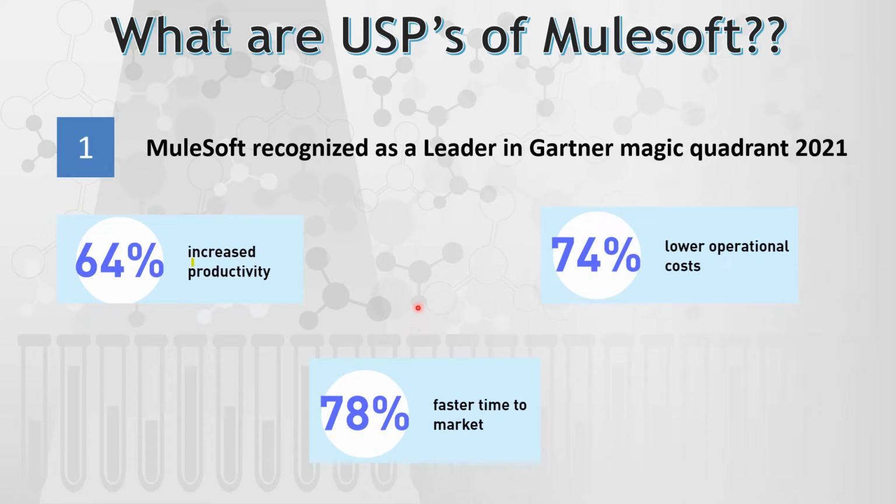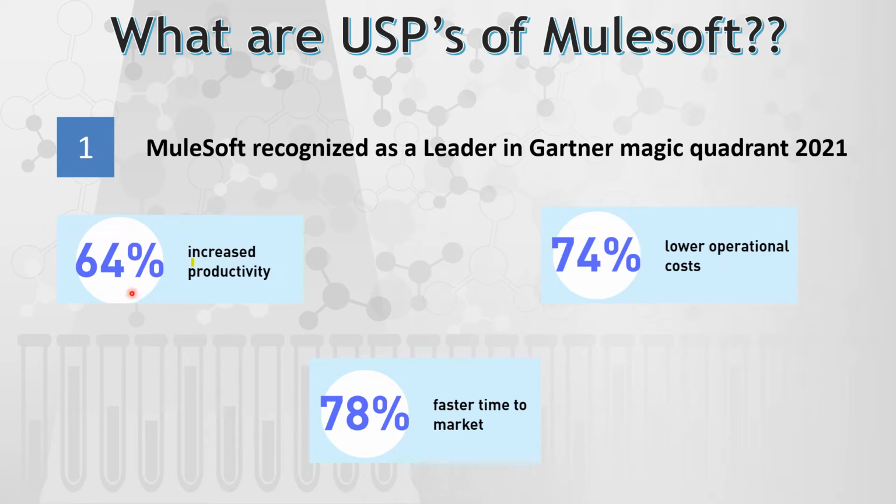There are some benefits that different organizations achieved with the help of MuleSoft. First is the increased productivity, which MuleSoft claims gives 64% increased productivity, 74% lower operational cost, and 78% faster time to market. As you all would agree, faster time to market is quite a critical parameter for every organization, and MuleSoft definitely excels in that.